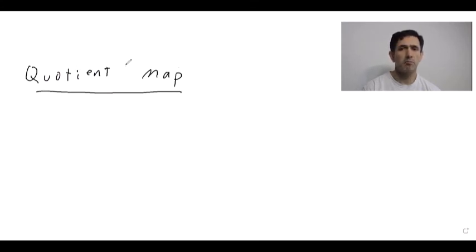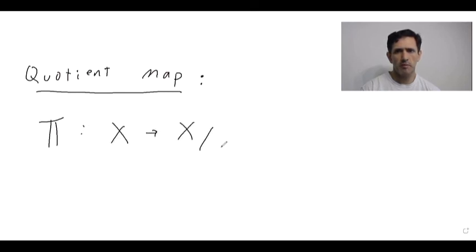What's the main point? Okay, so let's say we have a normed vector space X and a closed subspace M. So there's always a canonical quotient map, the same canonical quotient map as you do in topology, quotient spaces, or group theory, ring theory, whatever.